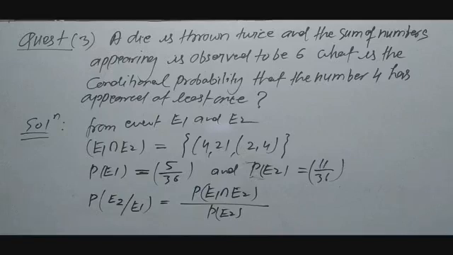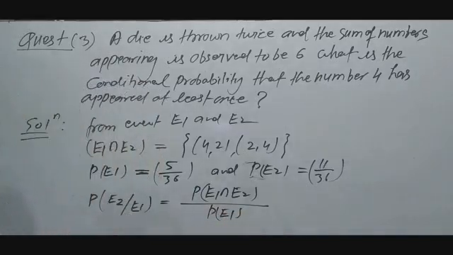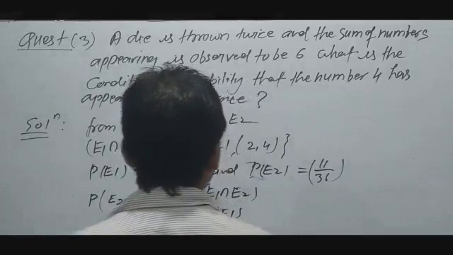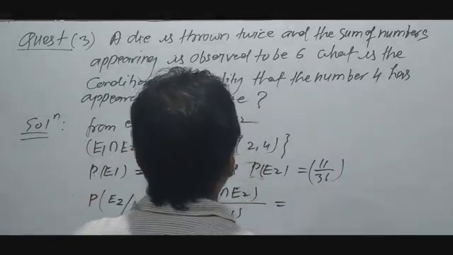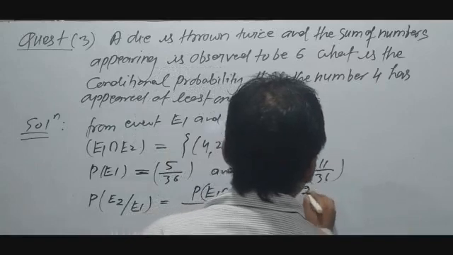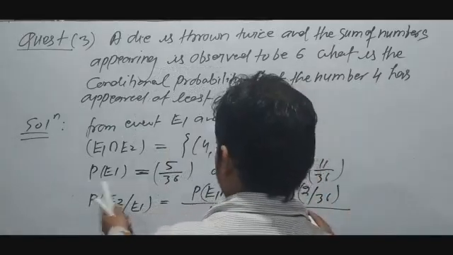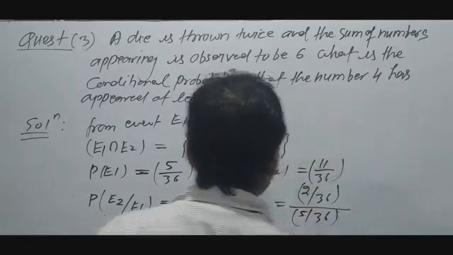Here is E1, so it is P(E2 | E1). Probability of E1 intersection E2, this is 2, so 2 upon 36, whole upon probability of E1, which is 5 by 36.